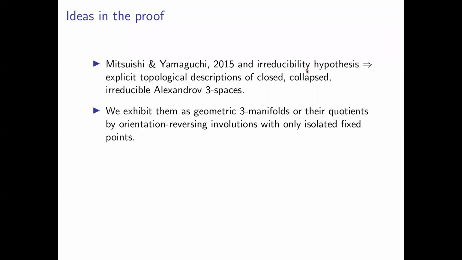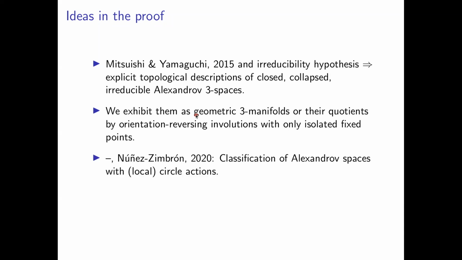It restricts the topology, and then you have to go case by case and check that the spaces you get are actually geometric. So out of the local topology, you can see how to obtain this space as a quotient, say, of the sphere or other geometric spaces. And then, well, this is a seminar on symmetries, so symmetries do come into play.